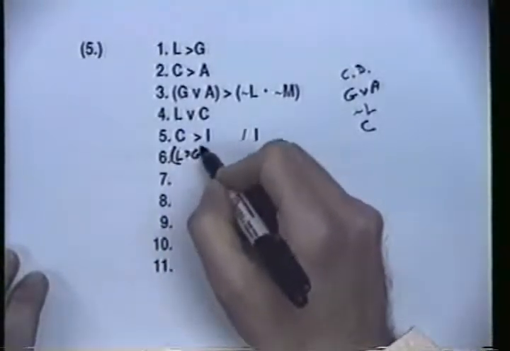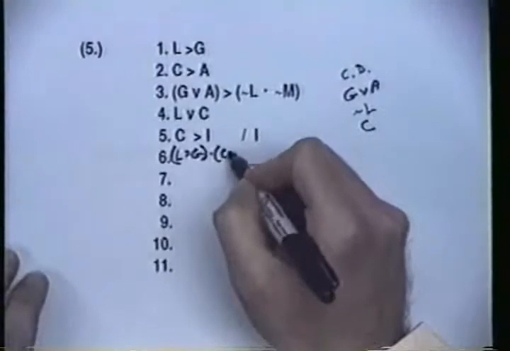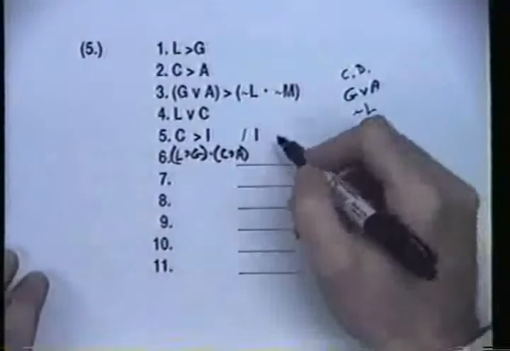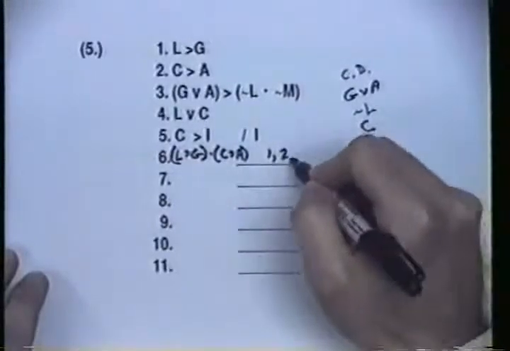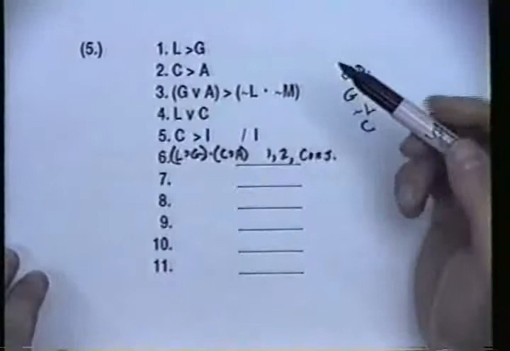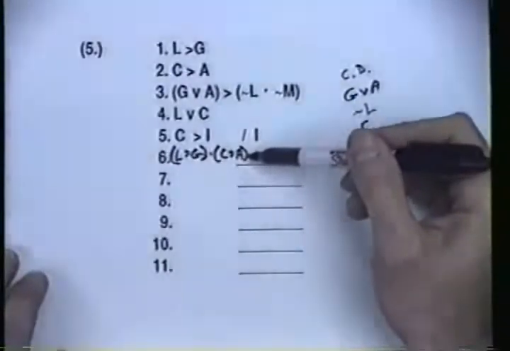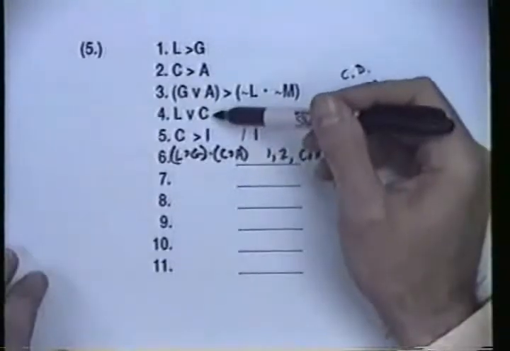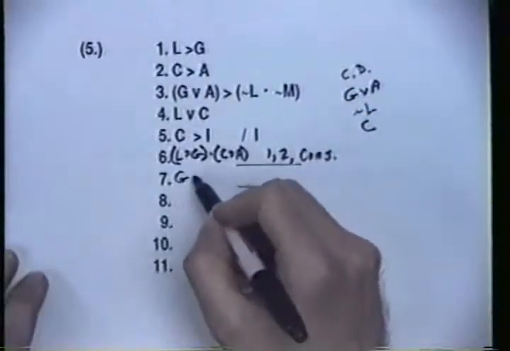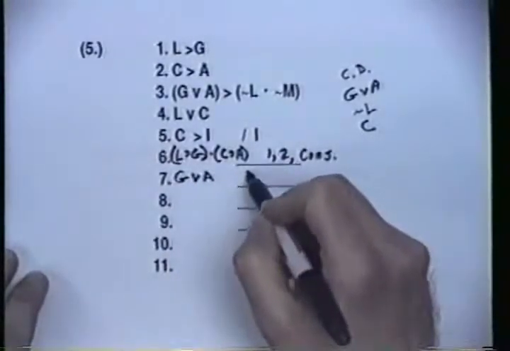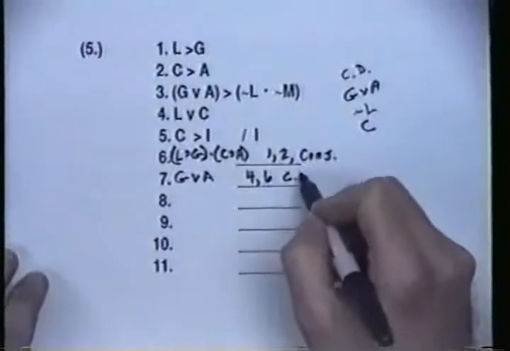So we've got L hooks G and C hooks A on a single line, and we cite lines 1 and 2 conjunction. Now we have a line that allows us to apply constructive dilemma given that we have line 4. So we get G or A from lines 4 and 6, constructive dilemma.